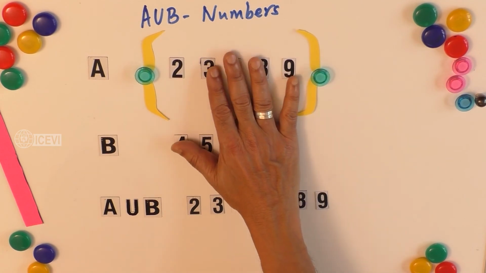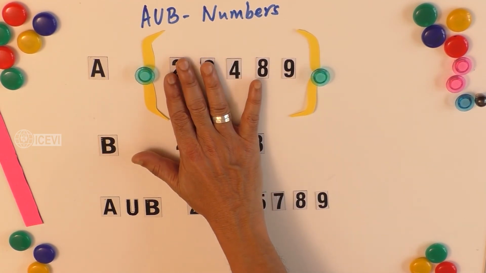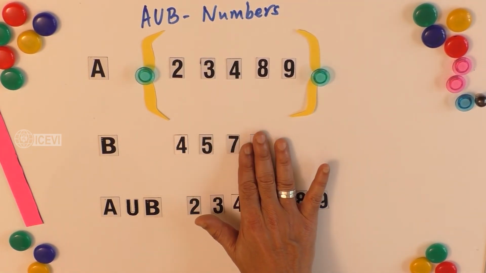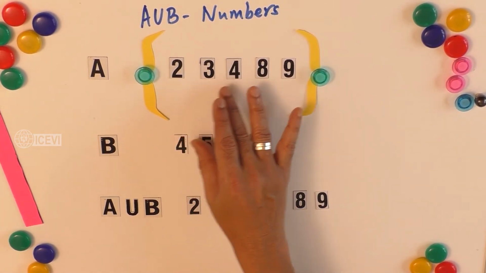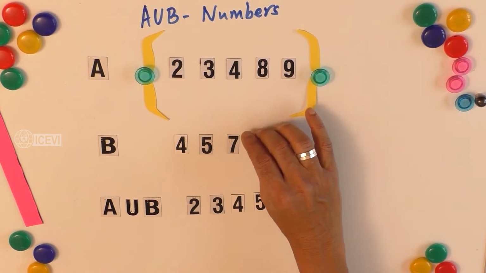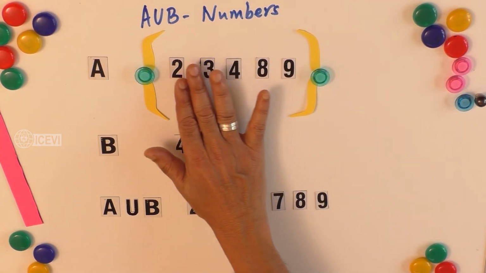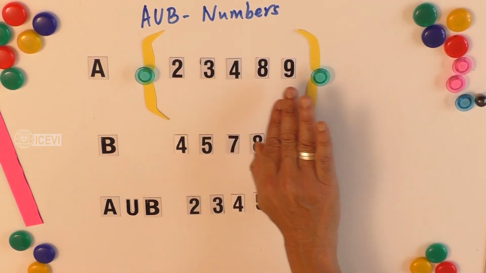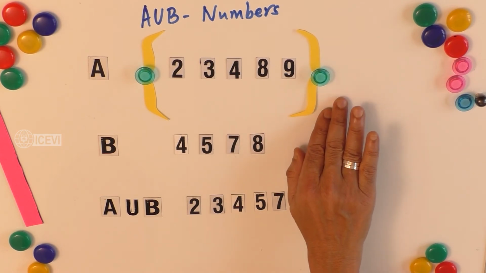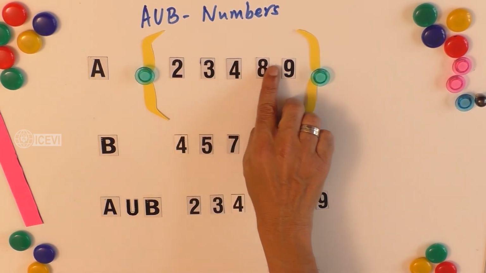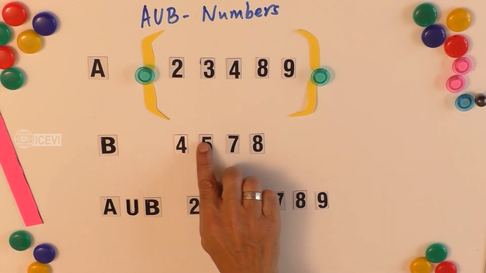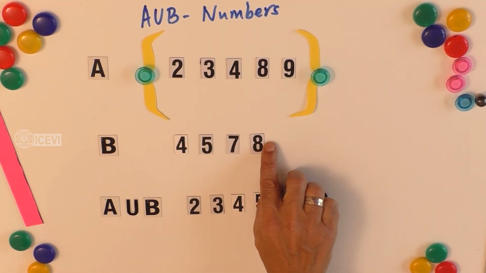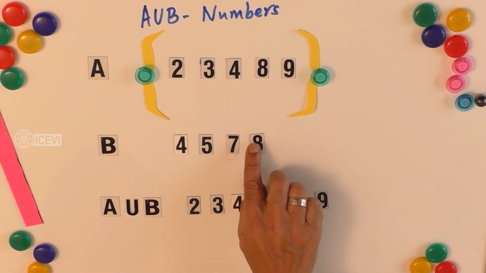Now how many objects between set A and set B are common? Here, number 4 is common, and number 8 is common. So if you are avoiding the 2 repetitions, the total number of objects in A is 5 and the total number of objects in set B is 4.